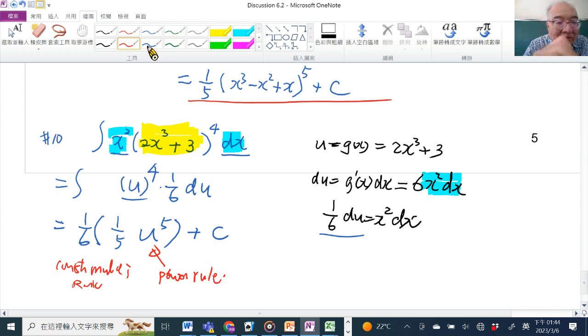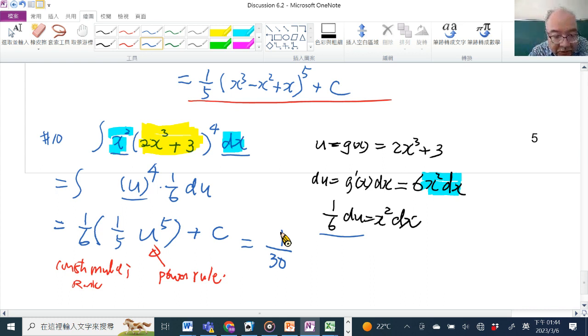And finally, we have to bring the g function, the g of x, back. And at the same time, we simplify the coefficient, multiplying 1 over 6 by 1 over 5.